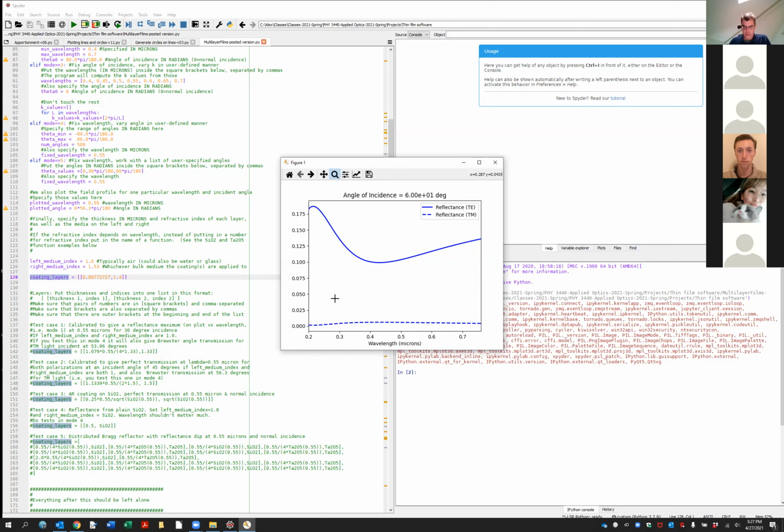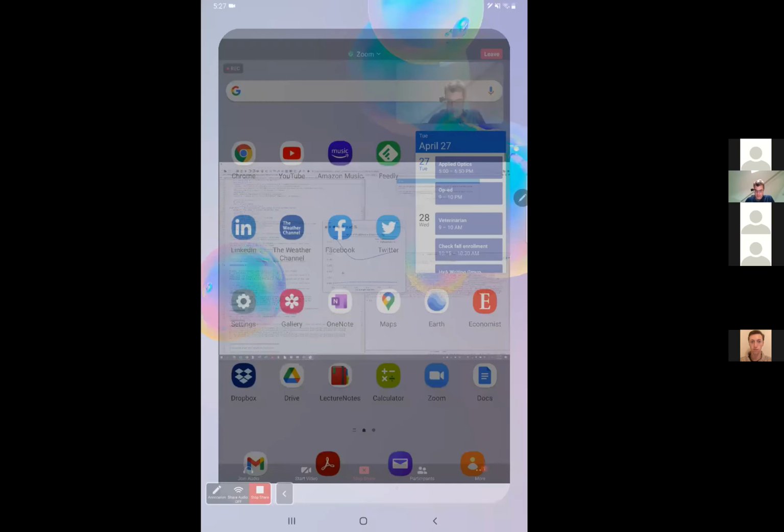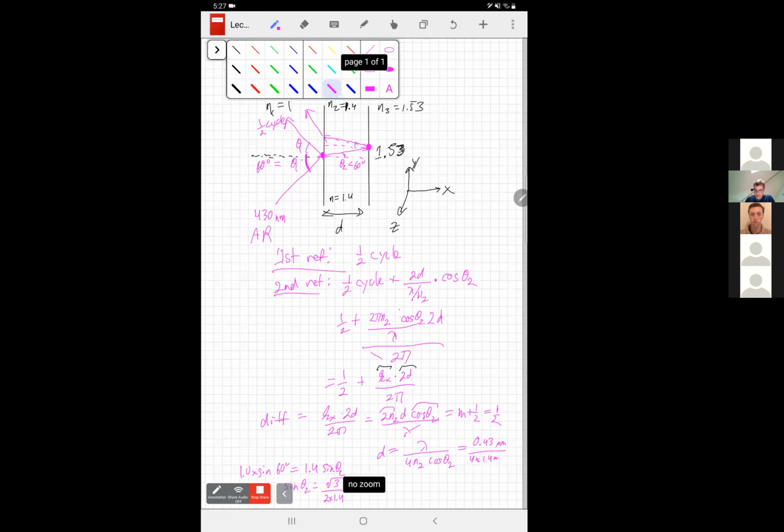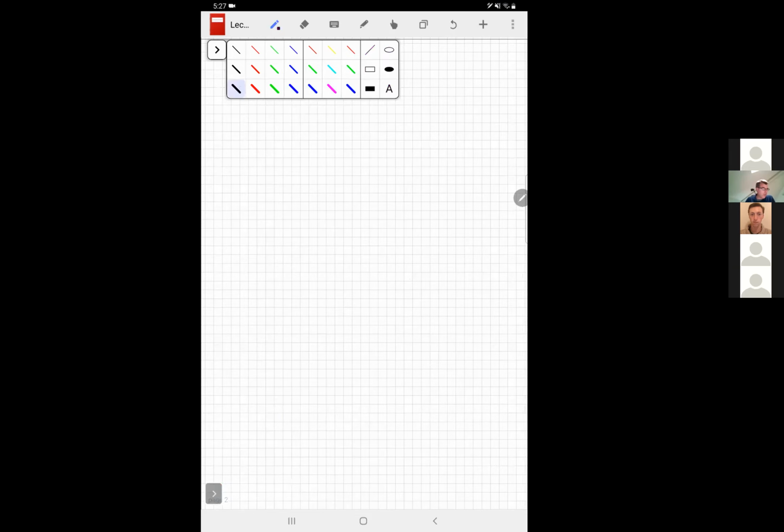All right, then let's talk a little bit more about off-axis propagation and effects in thin films when we go off-axis, because it leads us into all sorts of important physics.